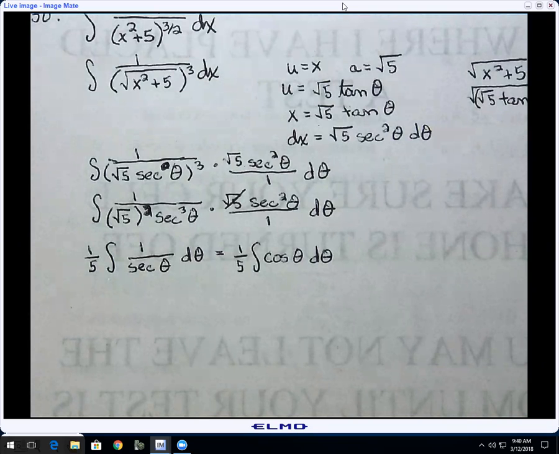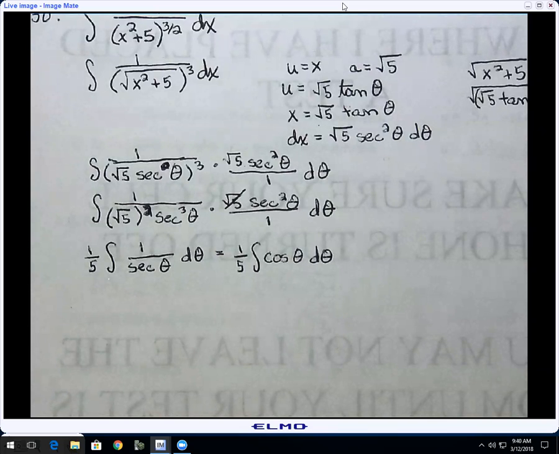I think it was 8.1. But the antiderivative of natural log of cos, oh, I was getting the answer in there too fast. The antiderivative of cosine theta is what? It would just be sine. What am I thinking?